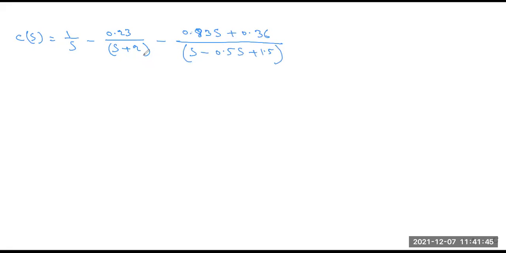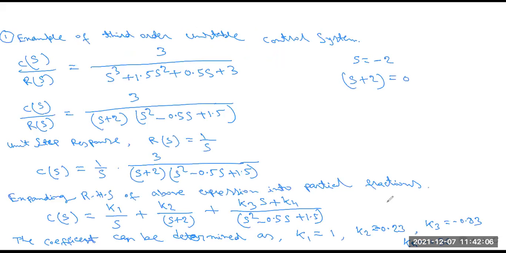You have to express this part, the quadratic S squared plus 0.5S plus 1.5, in this pattern. Then you have to apply the Laplace transform for the time response analysis of the pole and zero format. These are basically the expressions for one type of given third order control system example. Is it clear, all of you? Yes, sir. Okay. Next we have to move to another topic, that is the steady state error.